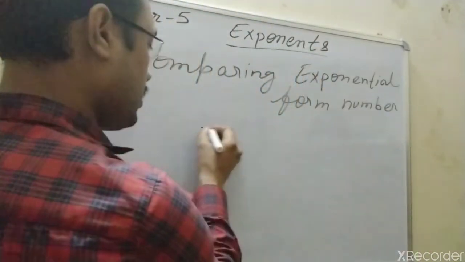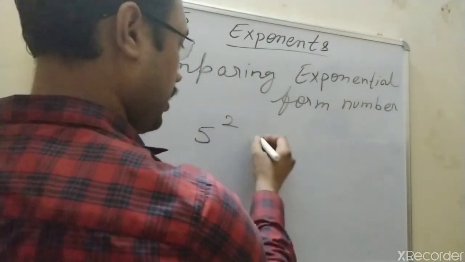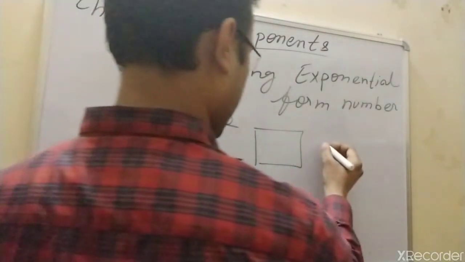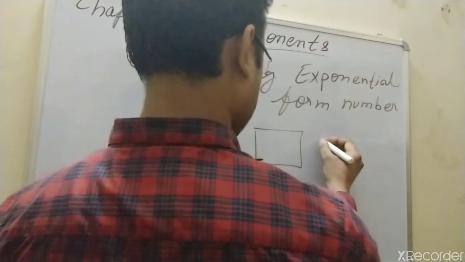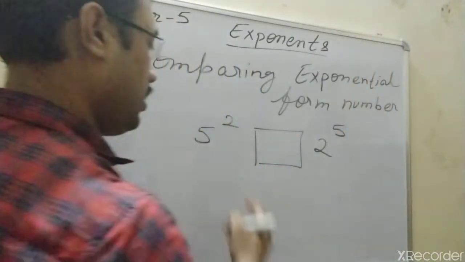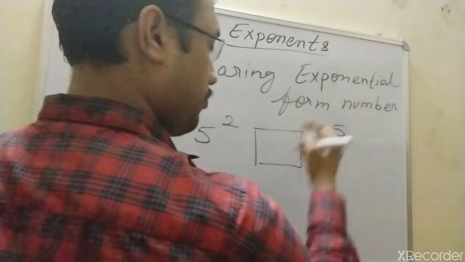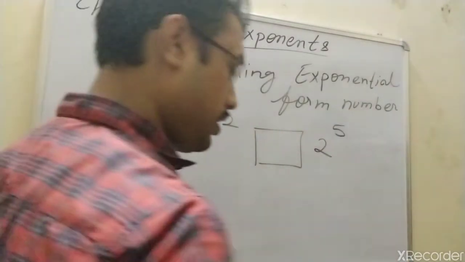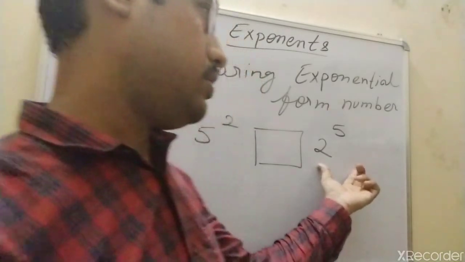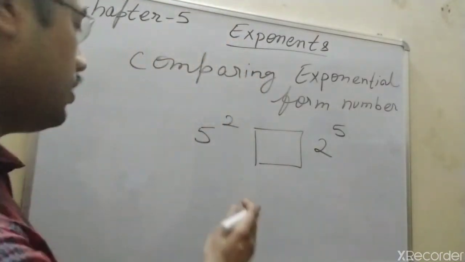So if the number is given 5 square, and for that here you have to write greater than or less than symbol, and it is written 2 to the power 5. Here 5 to the power 2, and here 2 to the power 5. So for this nothing is the specific rule. You have to find the value of these expressions, convert them.